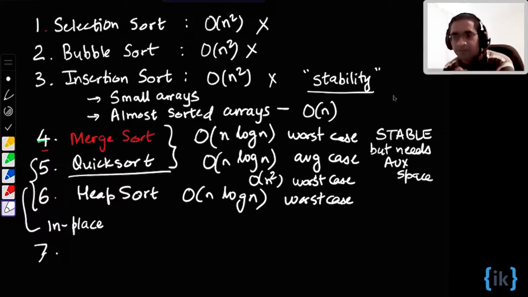If you remember Radix sort, you haven't come to it yet, but Radix sort requires you to have stability in each pass, because without that your algorithm won't run correctly.